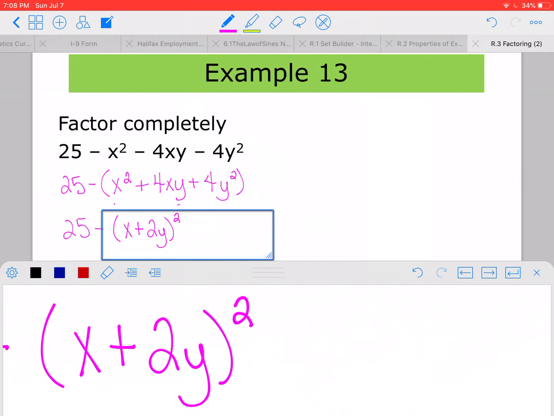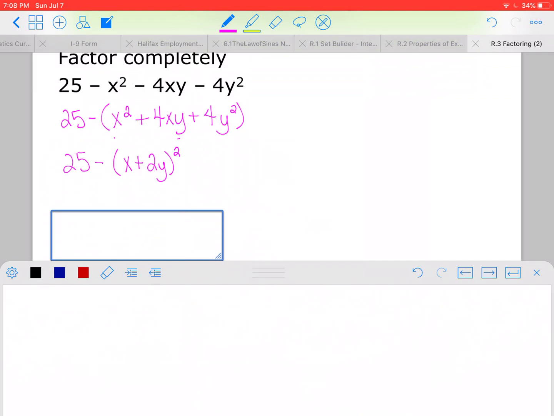Now that's all fine and dandy, and it looks like we might not be able to go any further, but guess what? We can. This is a difference of squares, because we've got a perfect square, 25, and a perfect square, x plus 2y.